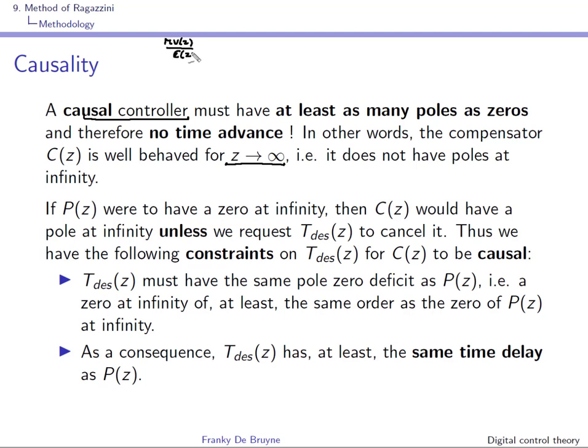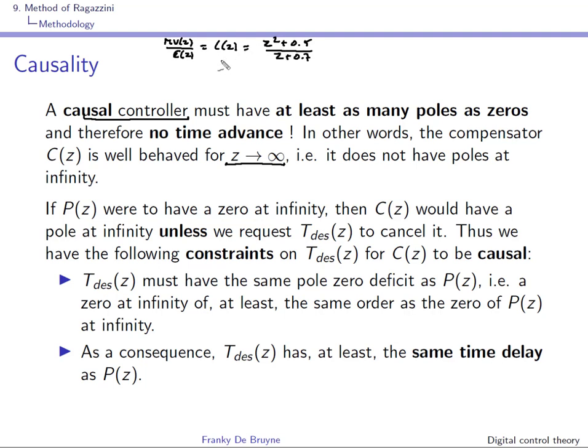Our controller is C of z equal to z squared plus 0.5 over z plus 0.7. Obviously it has more zeros than poles, and you can see that when z tends to infinity, this will tend to infinity, so we also have a pole at infinity.